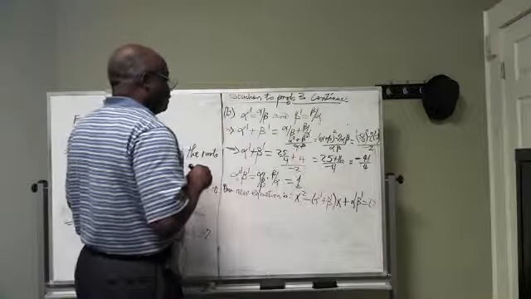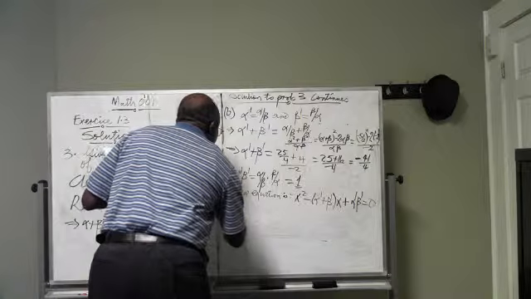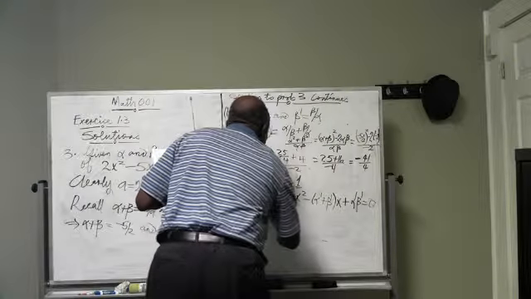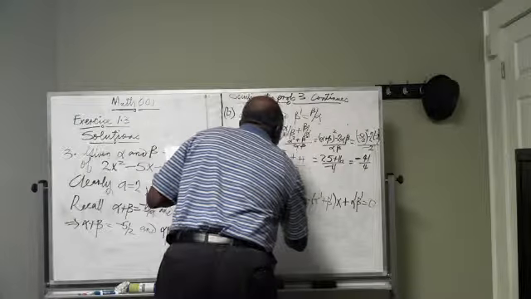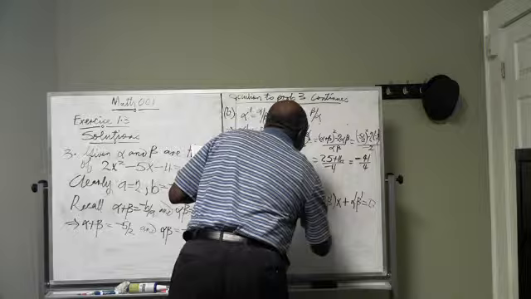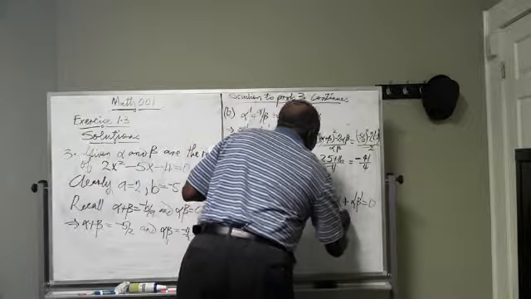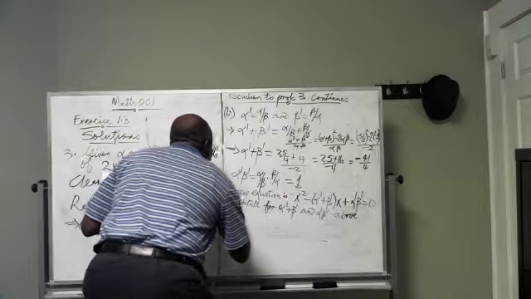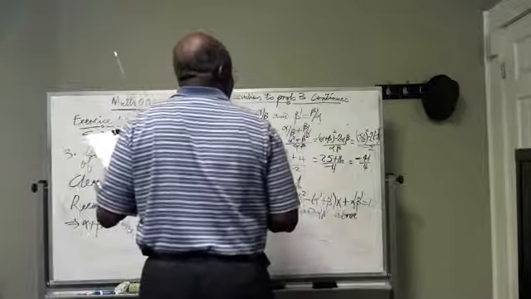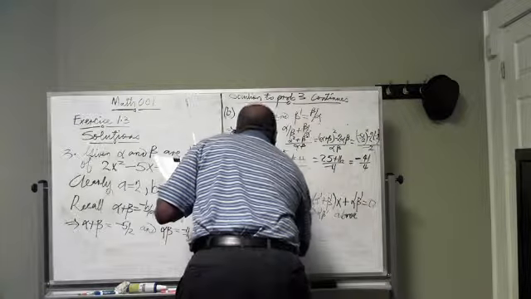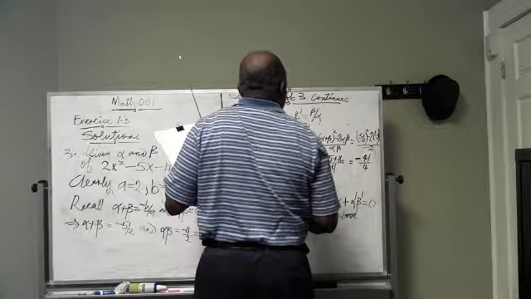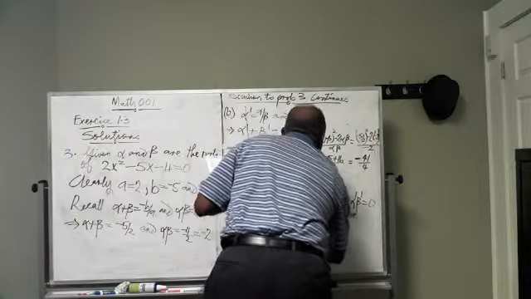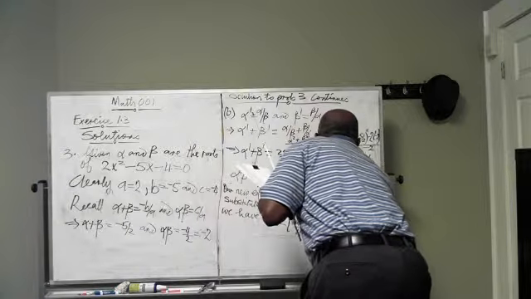So if we substitute for alpha prime plus beta prime and alpha prime beta prime above, we have x squared minus into minus 41 over 4 x plus 1 equals 0.